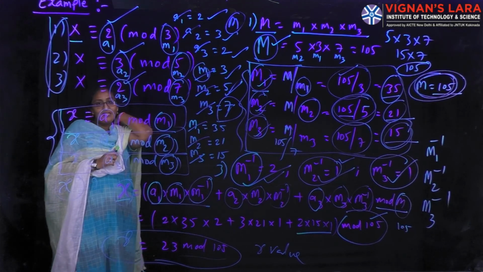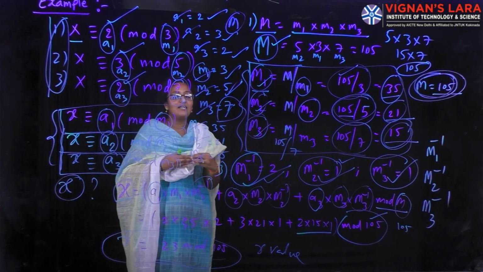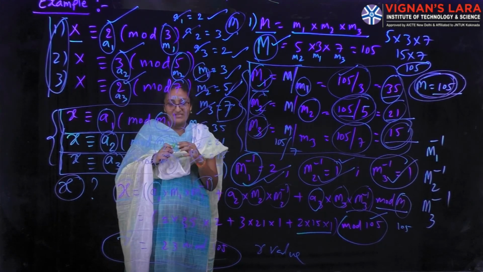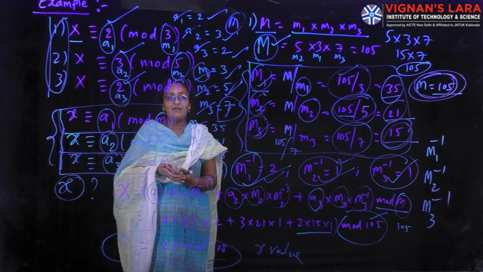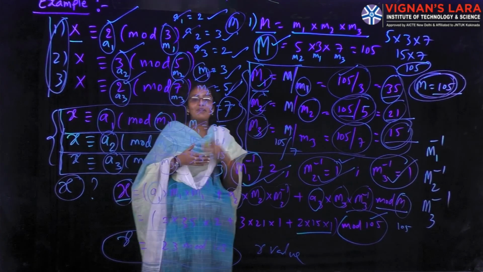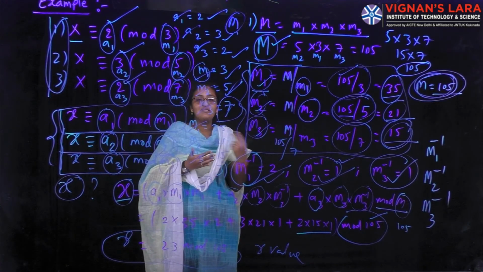So what we have done today is that we have started the concept of mathematics of asymmetric key cryptography in unit 3. This is the last topic in unit 3. In CNS, every topic has mathematics, so obviously in the third unit also we have mathematics of asymmetric encryption.